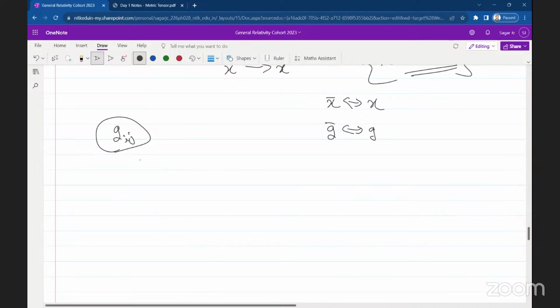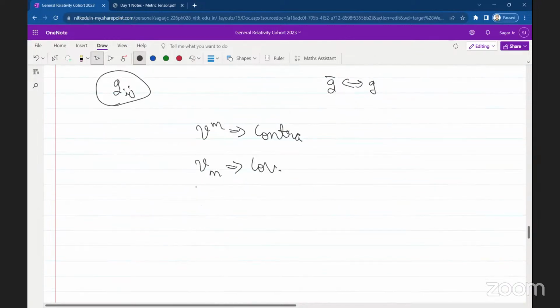Now, one help that we can get from the rank 2 covariant tensor is that it helps in raising or lowering an index. I'll show you how. Let V^m be any contravariant component of a vector, and V_m be any covariant component of a vector, right? So how can we write the vector V?